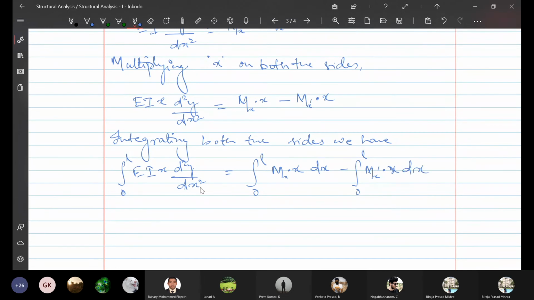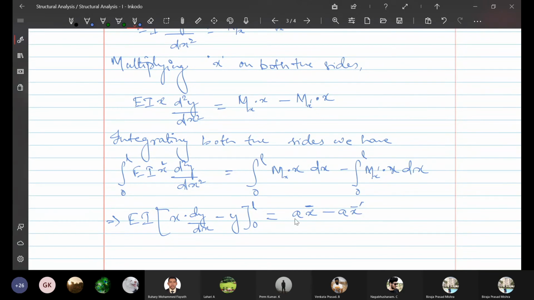Now if I integrate this, I can write it as EI into x into dy by dx minus y, from 0 to L, equals A x bar minus A x bar dash.